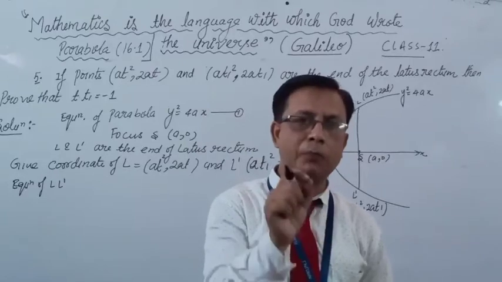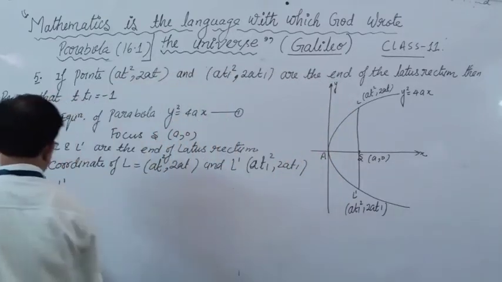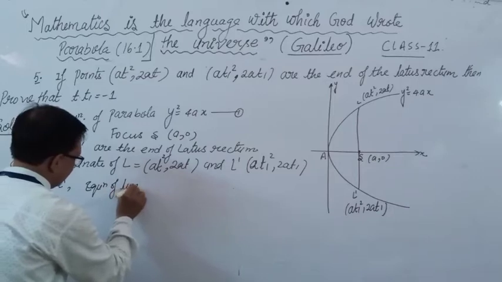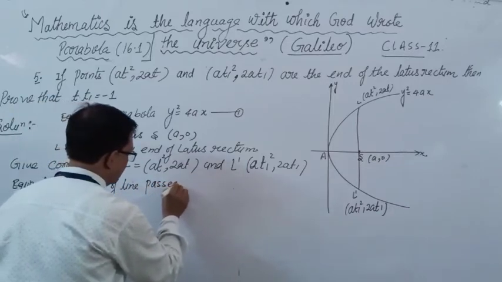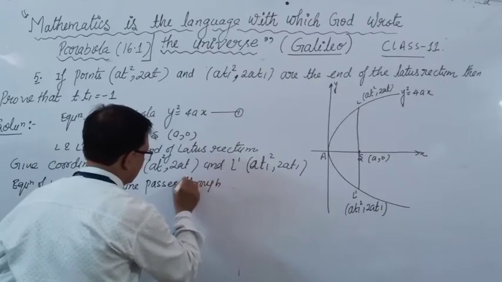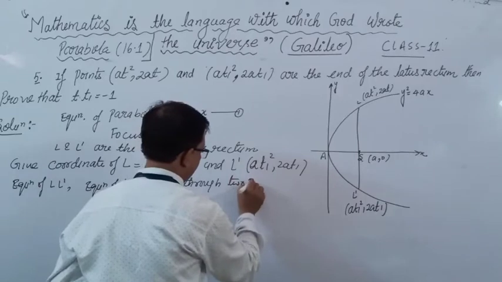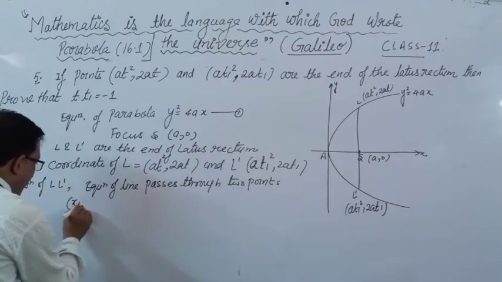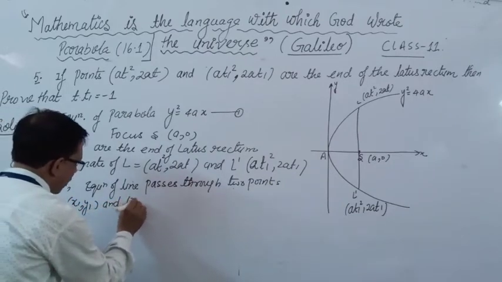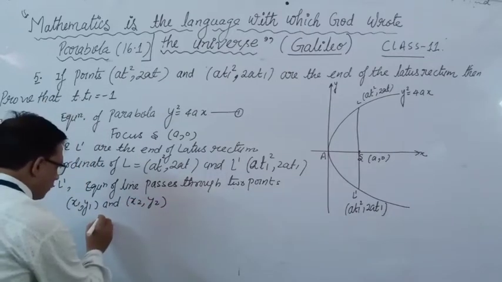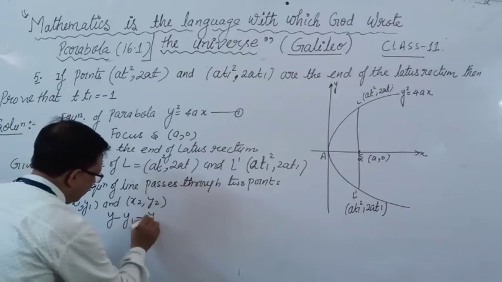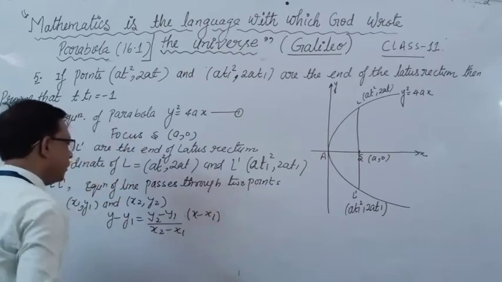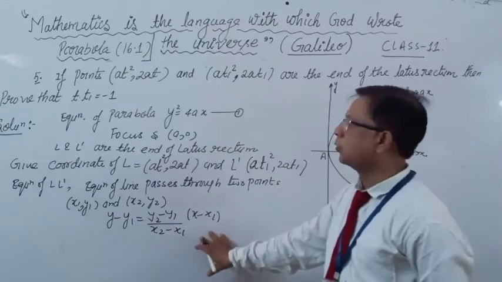So we write the equation of a line passing through 2 points x1 comma y1 and x2 comma y2. y minus y1 is equal to y2 minus y1 upon x2 minus x1 times x minus x1. This is the equation of the line which passes through 2 points.